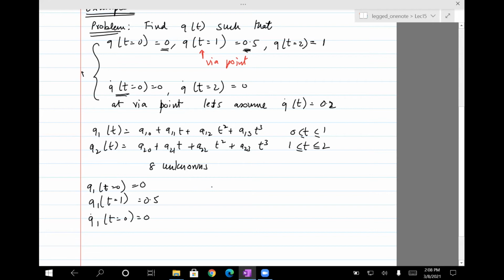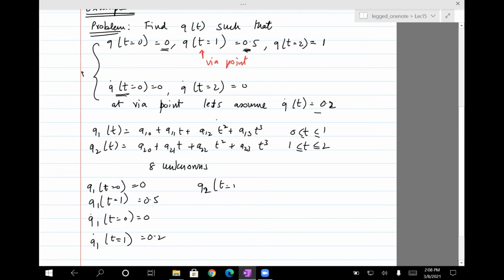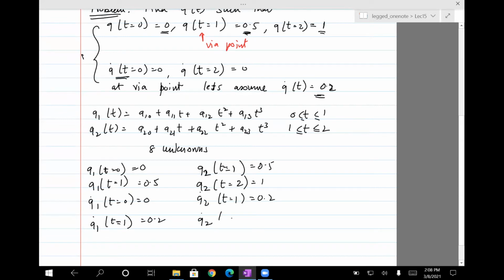Then we have q1 dot at t equals 1 is also given, it's 0.2. So I write that down. Then q2 at t equals 1 is 0.5. q2 at t equals 2 equals 1. q2 dot at t equals 1 is 0.2, which is given here. And then finally, at the end, q2 dot at t equals 2 is 0.